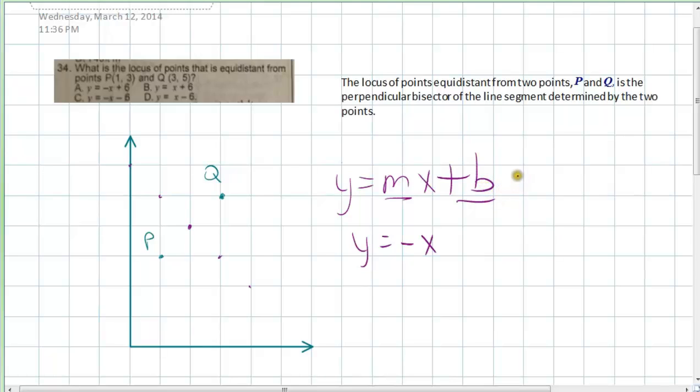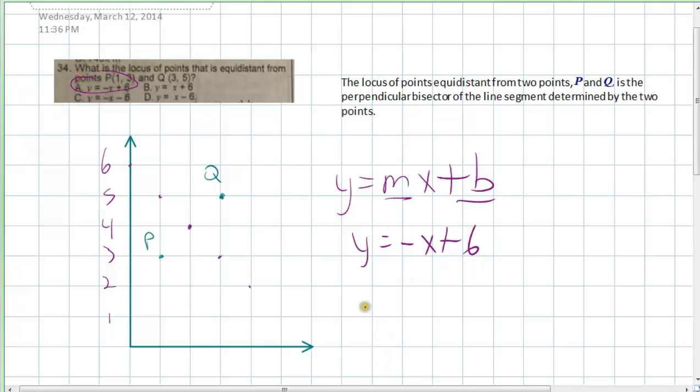Where does it hit on the y-axis? Here's the y-axis, and it's hitting right here, one point above where Q is. This scale is drawn to a 1-to-1 scale, so here's 1, 2, 3, 4, 5, 6. It's hitting at 6, so plus 6. And actually this would be your answer.